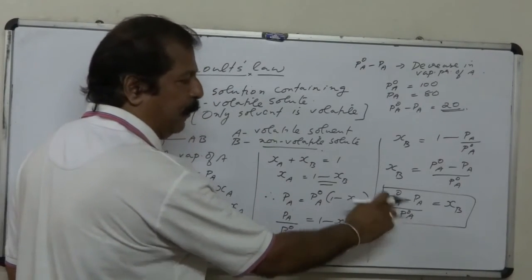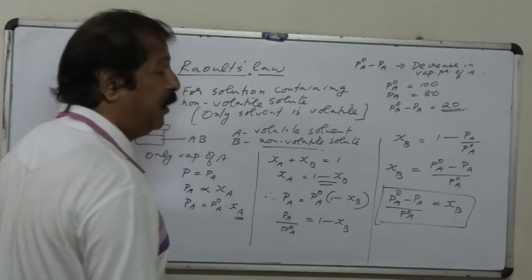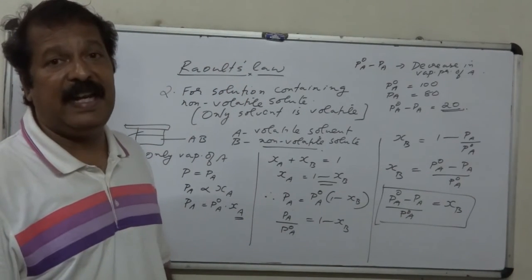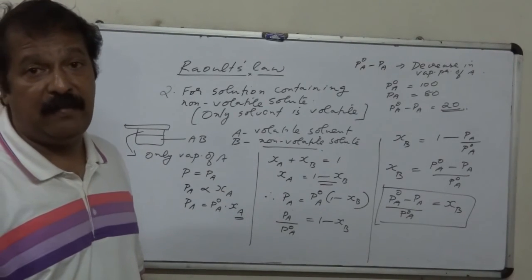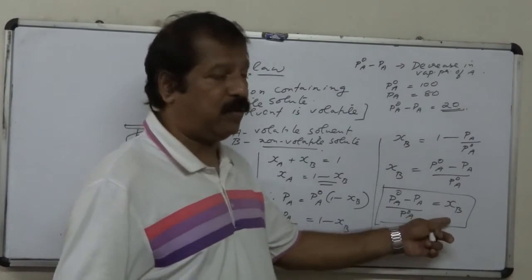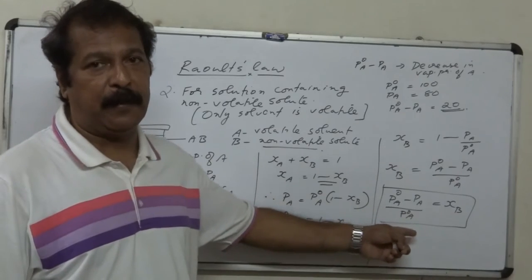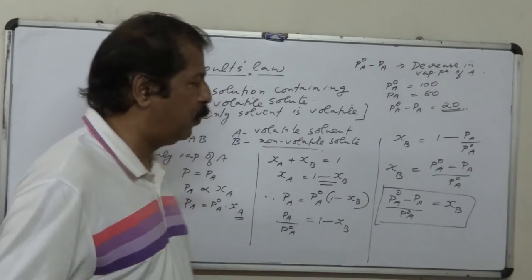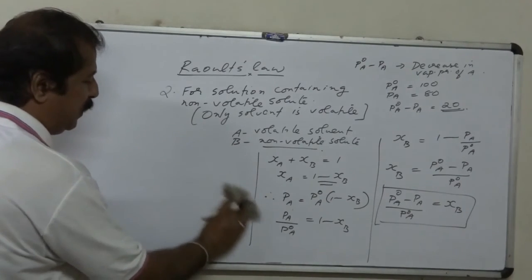This is divided by the original vapor pressure of A. So we call this term, (P0A minus PA) divided by P0A, the relative lowering of vapor pressure of solvent A, and that is equal to the mole fraction of solute B. Because of the presence of solute B, the relative lowering of vapor pressure happens.